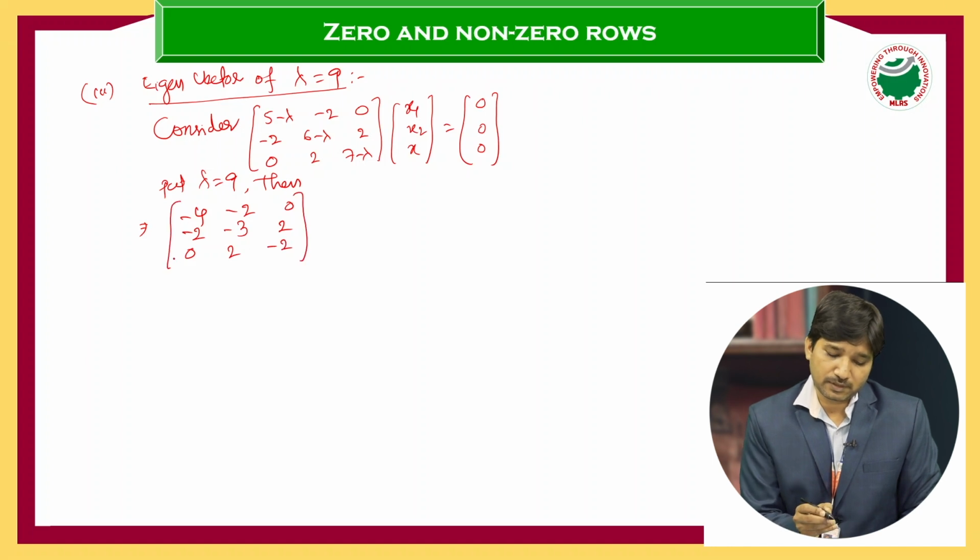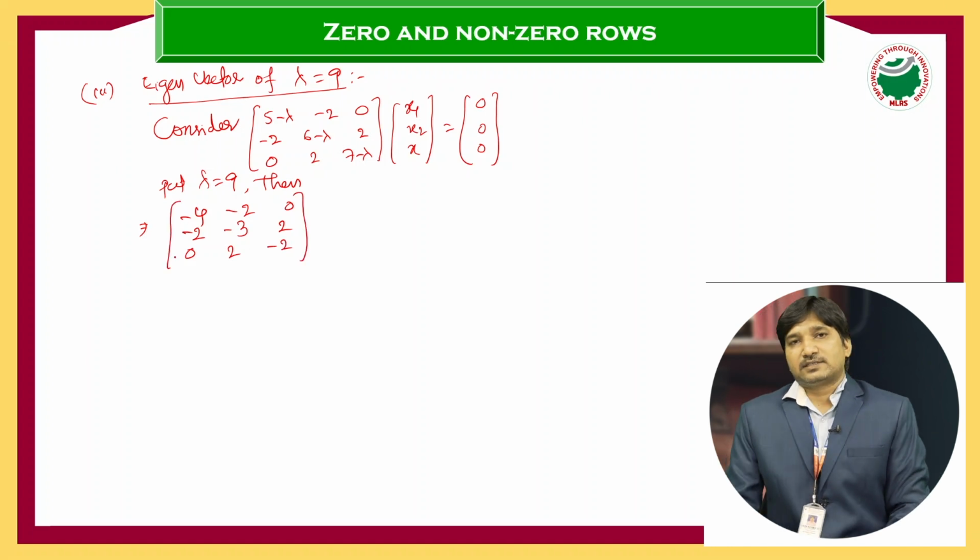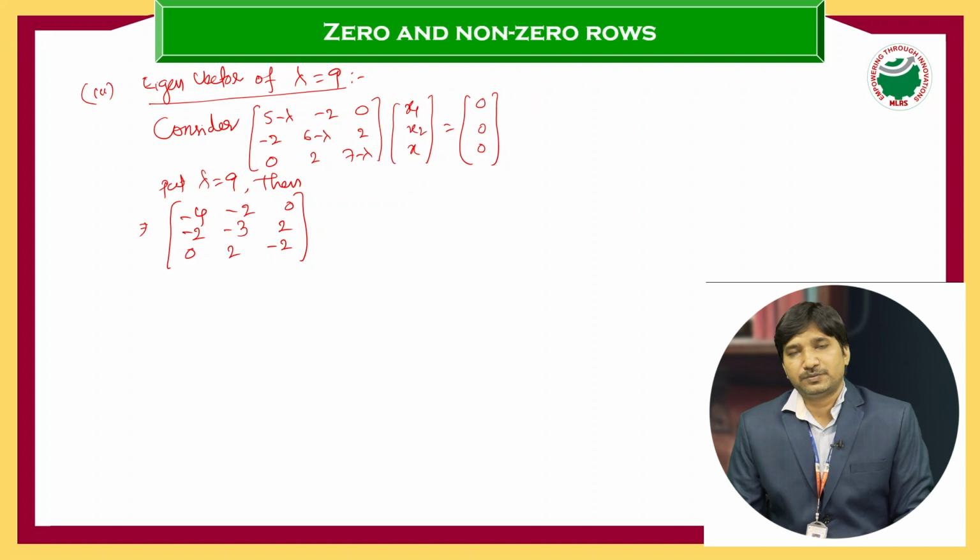This is the matrix after substituting lambda equal to 9.